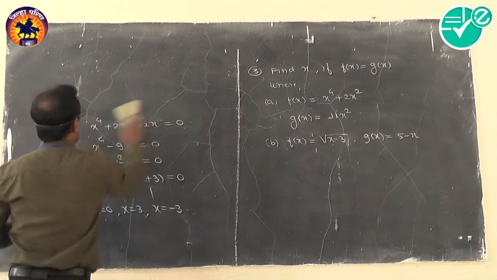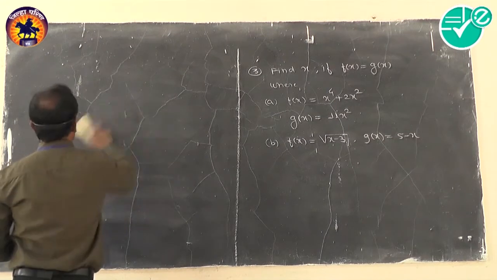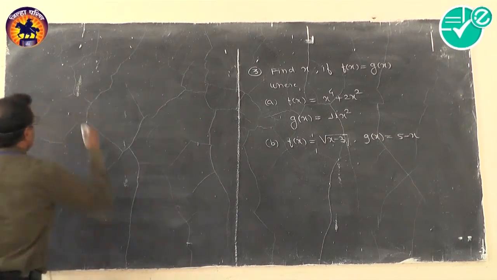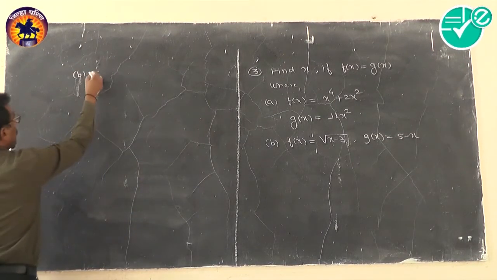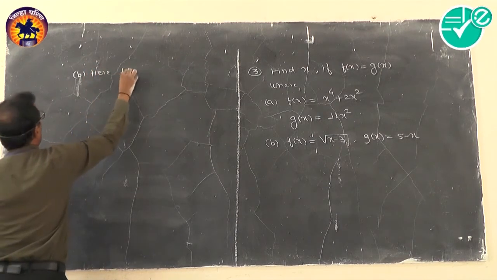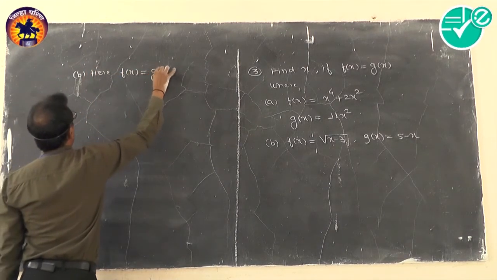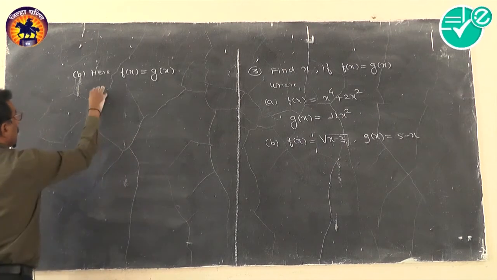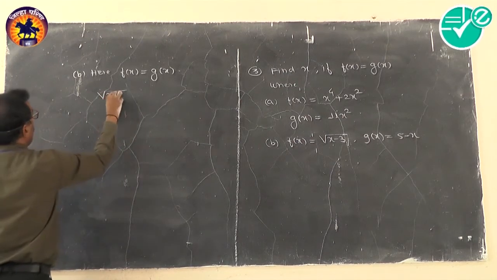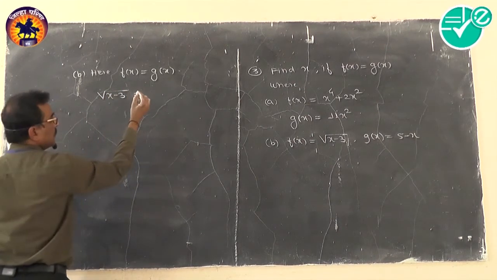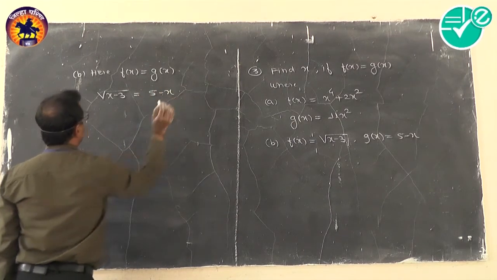Now we'll start question B, that is sub question B. If we continue for sub question B, what is given here? Here f of x equal to g of x. What is f of x? It is the root of x minus 3. It is equal to g of x, which is 5 minus x.